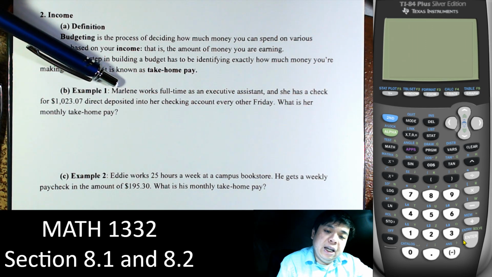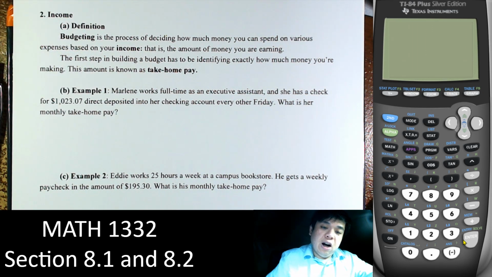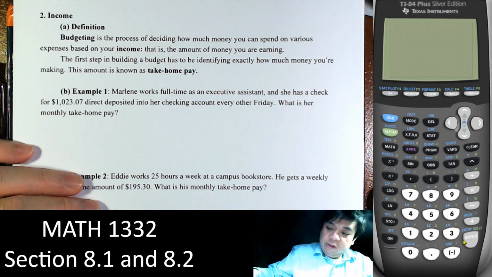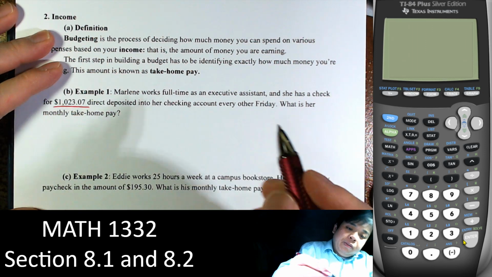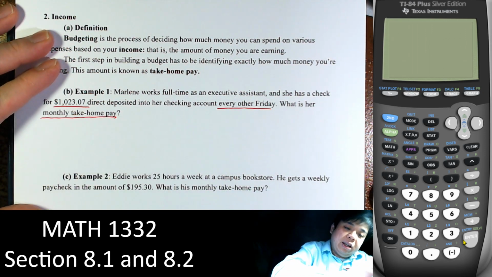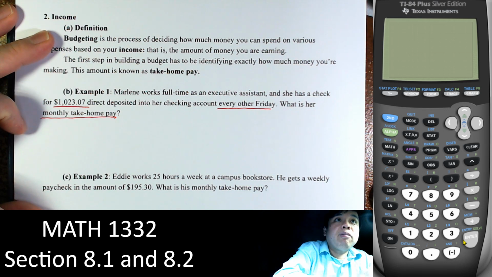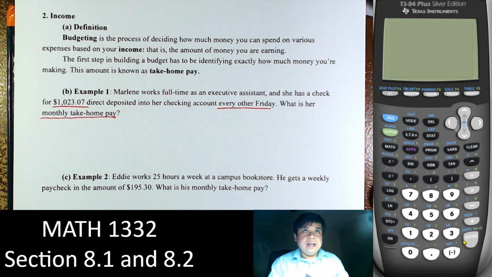So here in the sample, suppose that you have a paycheck every other Friday. What is our monthly take-home pay? So this is every other Friday, meaning once every two weeks, right?